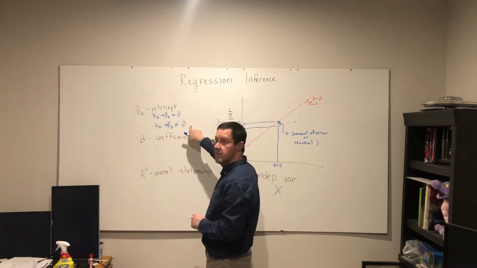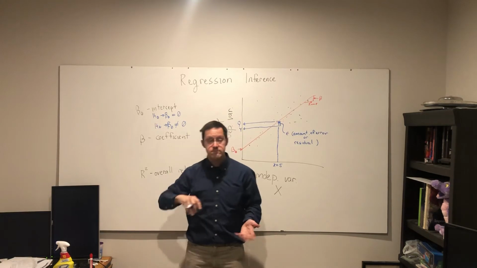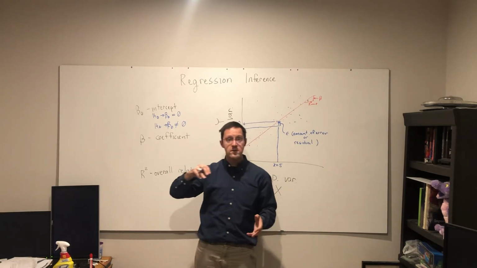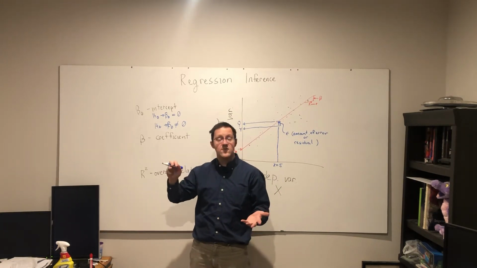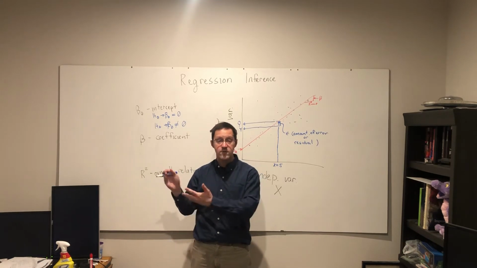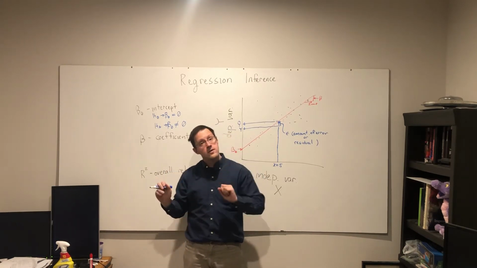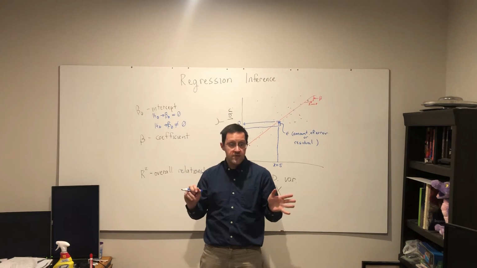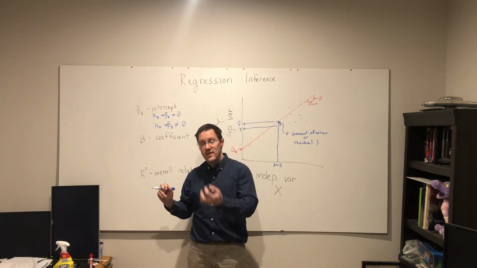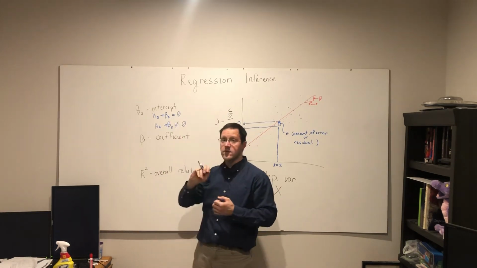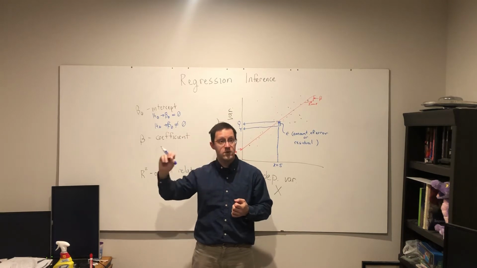The alternative hypothesis, that it's not 0. Can be greater, can be lesser, positive or negative. It's just not 0 as the alternative hypothesis. So we get our p-value for this, and it tells us, is my intercept equal to 0 or not?